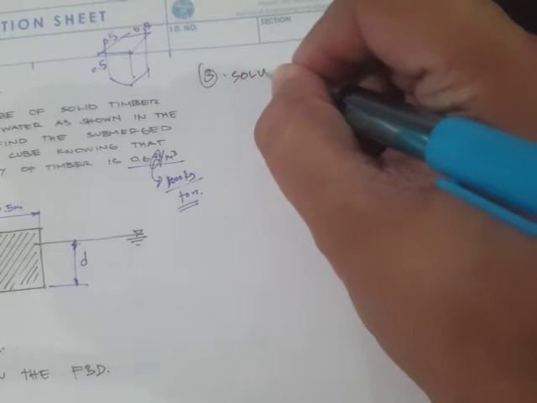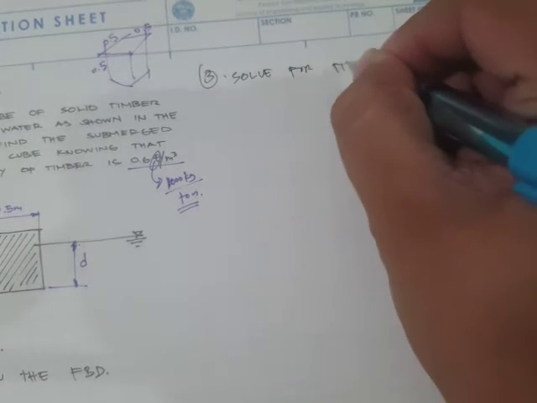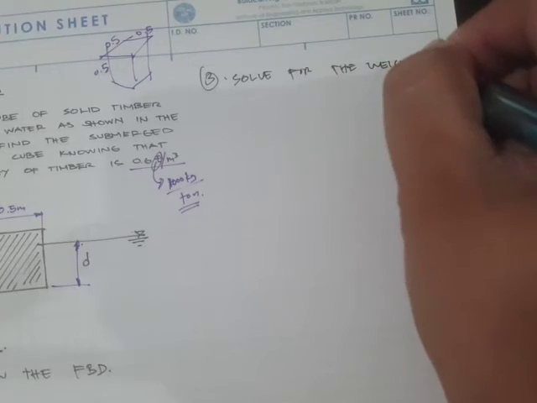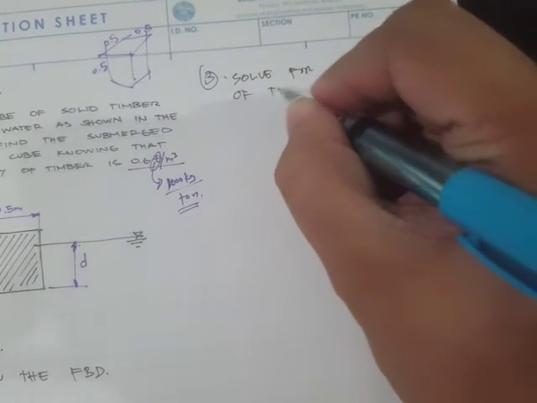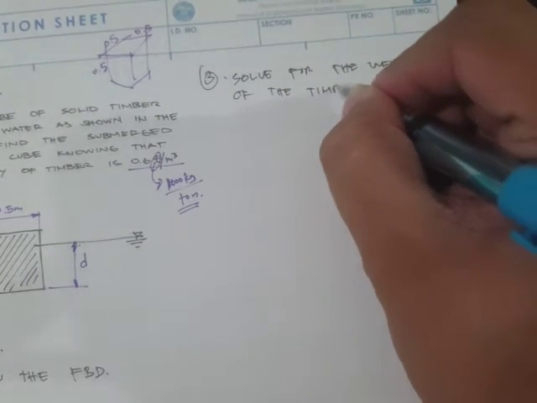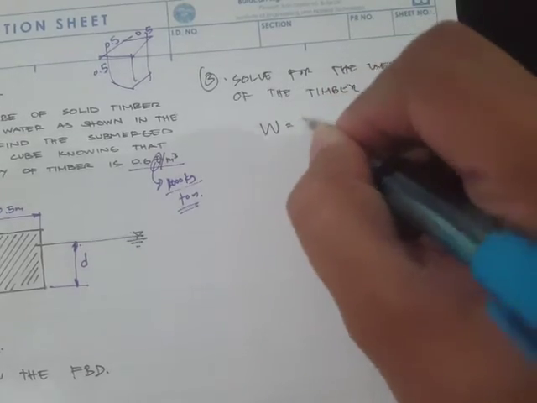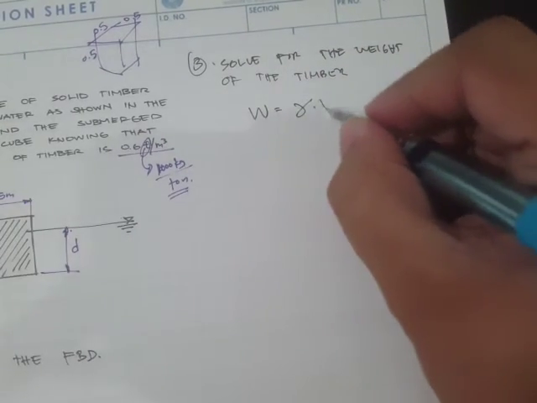Now we can solve for the weight of the timber. Weight is simply the unit weight times the volume.